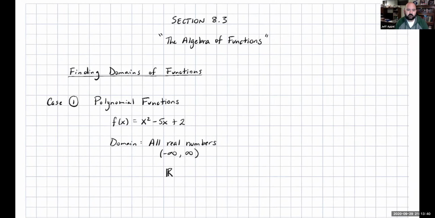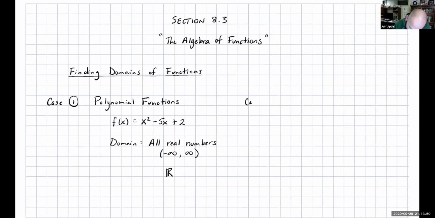Any one of those would be perfectly acceptable to write down. You don't have to write all of them; one is more than enough. So for polynomial functions, the domain is all real numbers. There's no work that needs to be done. You just recognize the function, remember what the domain is, and write it down. Can't make it easier than that.